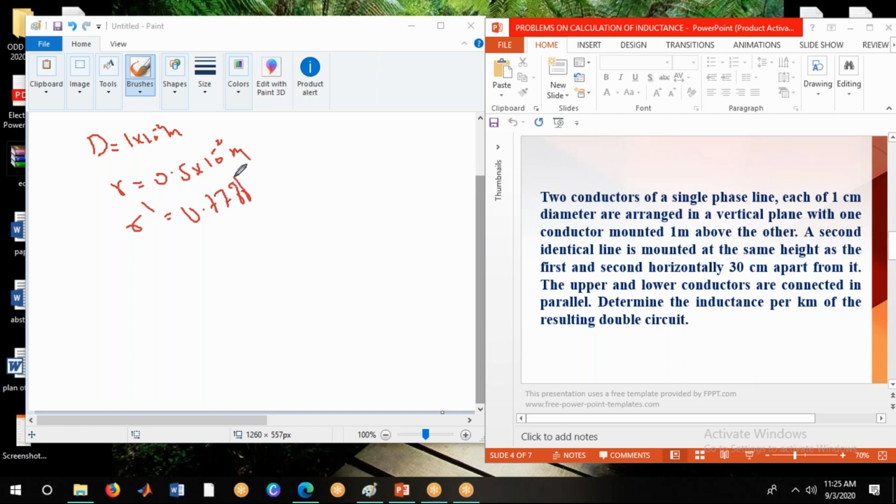It is 0.7788 into r. Find the value of r dash.